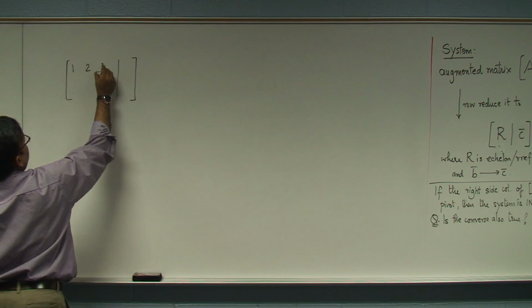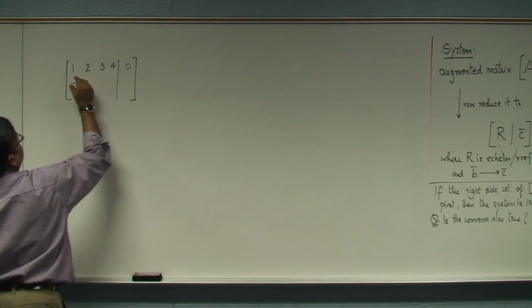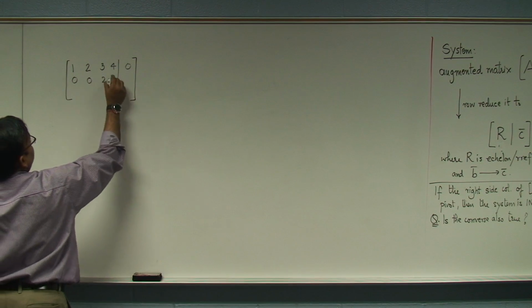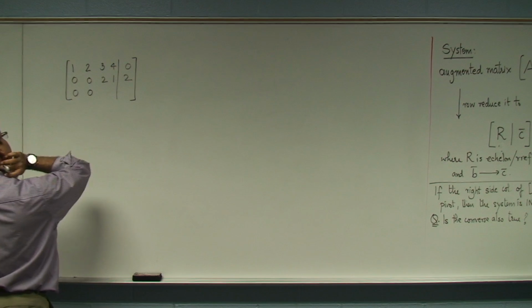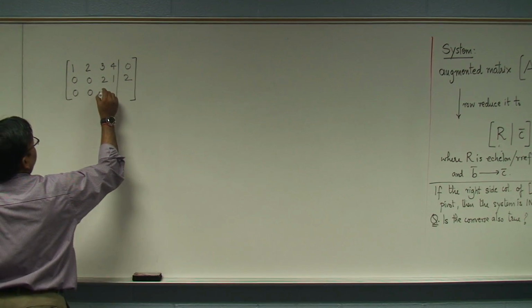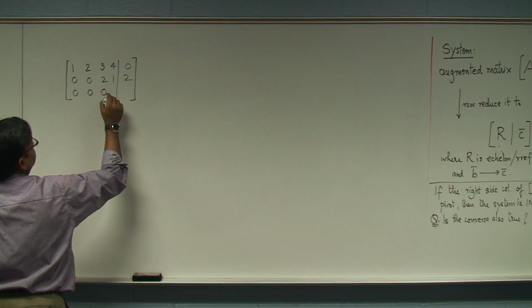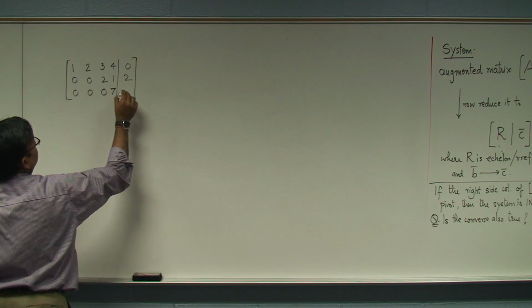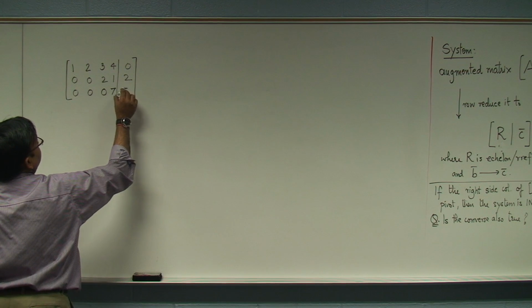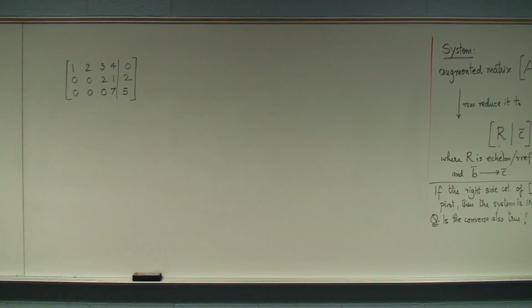Say 1, 2, 3, 4, 0, 0, 0, 2, 1, 2, 0, 0, 0, and say, let's make this one 7, and let's make this one 5. What about a system which looks like this?